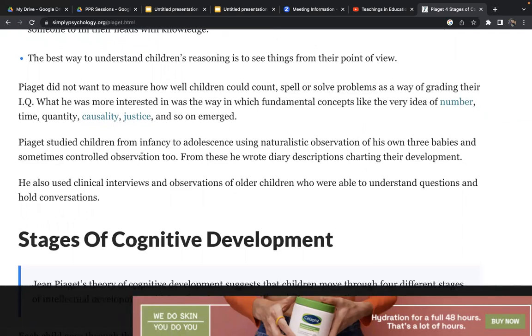He studied children from infancy to adolescence using naturalistic observation of his own 3 babies, and sometimes controlled observation too. And he wrote these diaries. He kept these dialogues, these descriptions of the things that he noticed, and then through that created his theory.